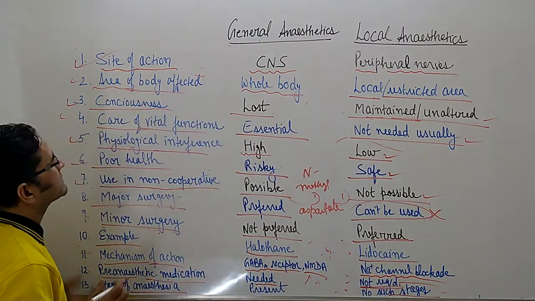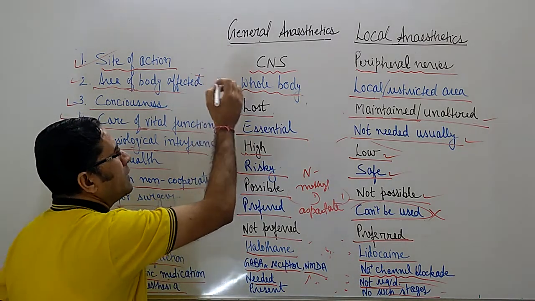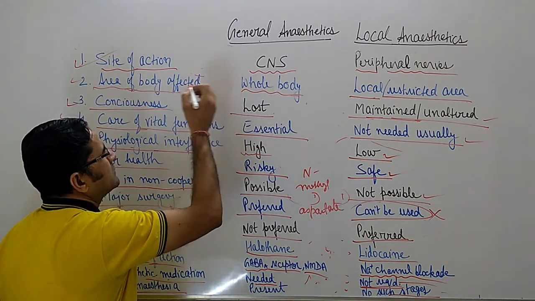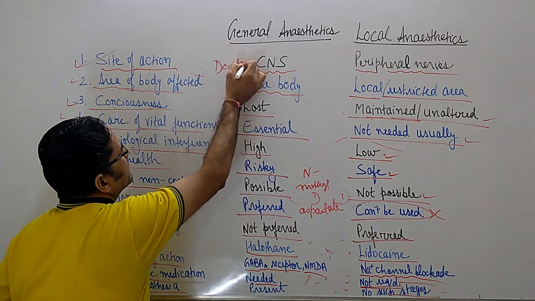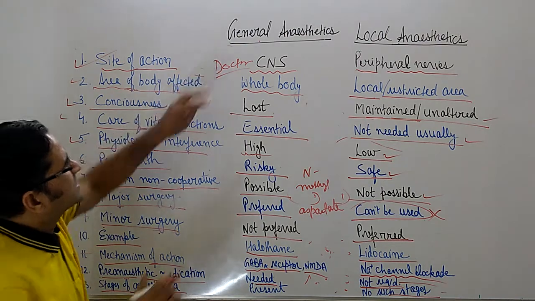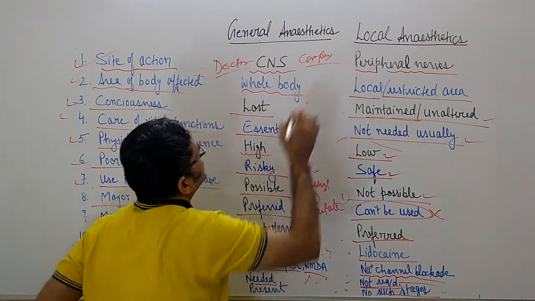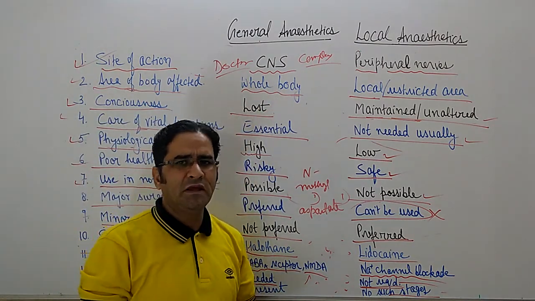Now, apart from this, one more difference is also there. If we talk on the basis of the user, meaning we are talking about the doctor or the medical practitioner, the use of general anesthetic is complex. It requires machinery.